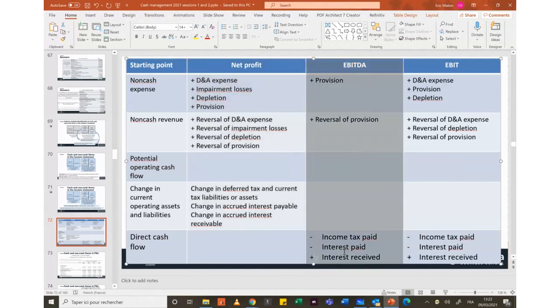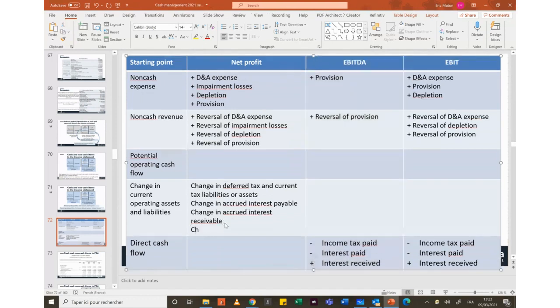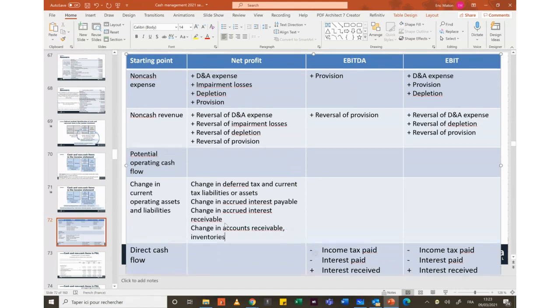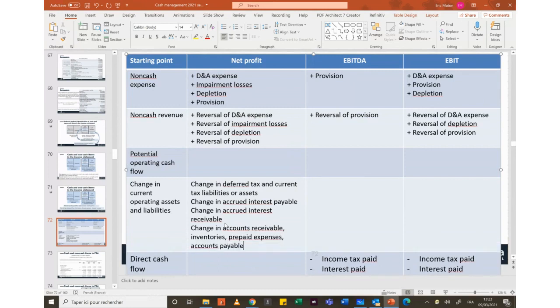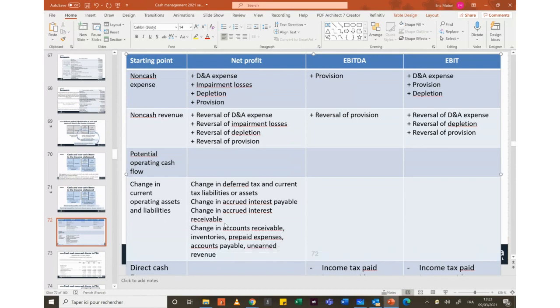And of course, you continue to have the change in the accounts receivable, inventories, prepaid expenses, accounts payable, unearned revenue, etc. Social benefits liabilities.